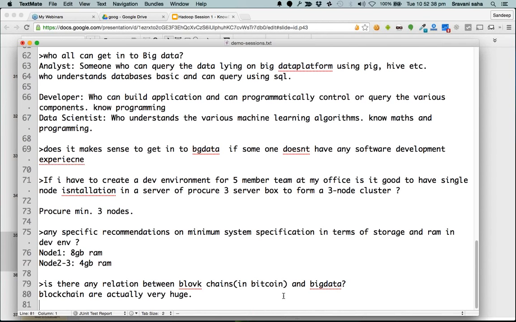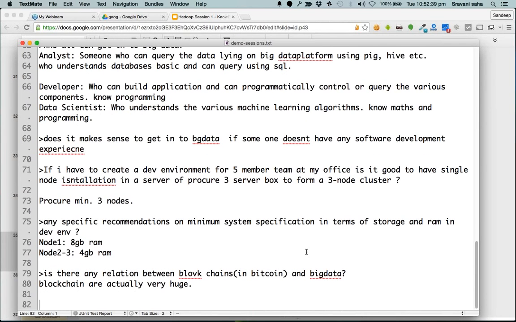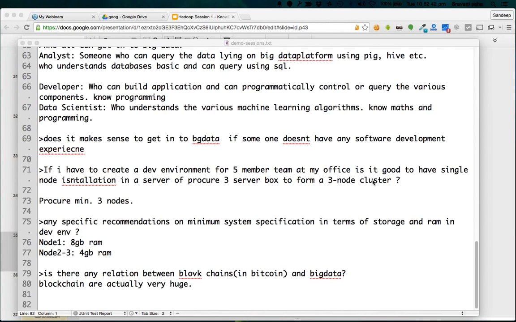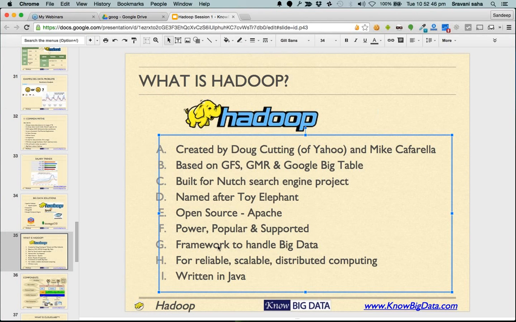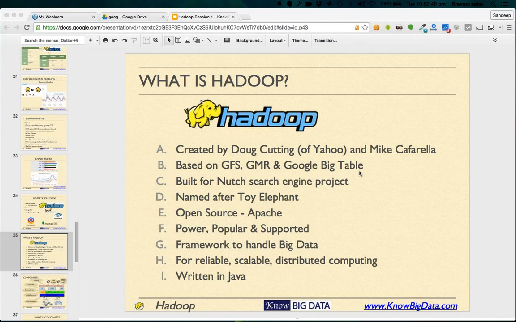All right, makes sense to you? Very good question, Indrajit. Yes, Raj, you have raised the hand.